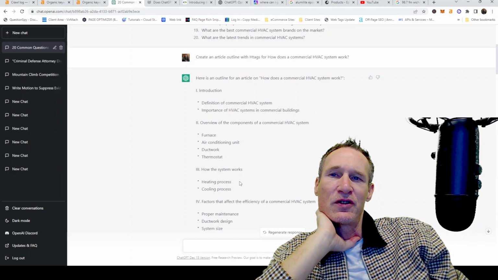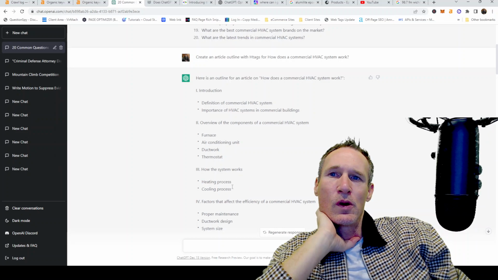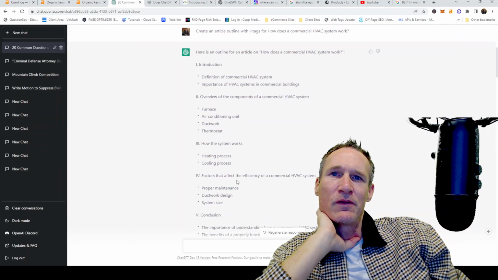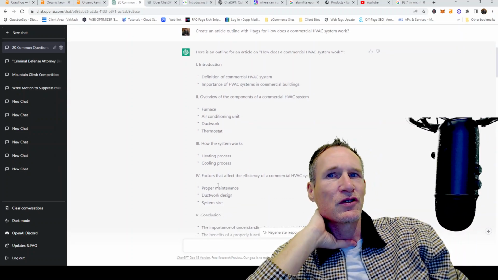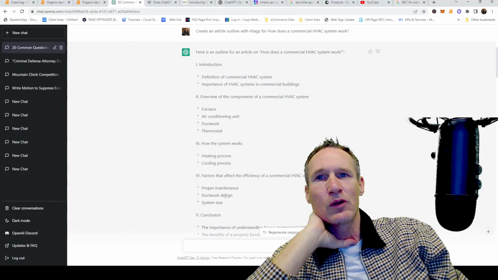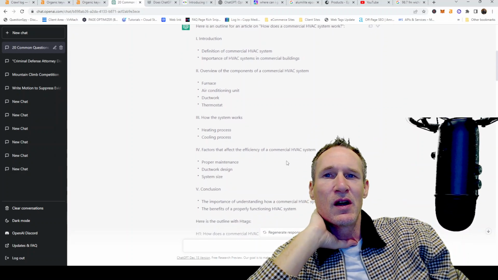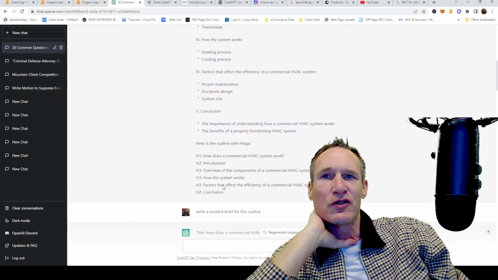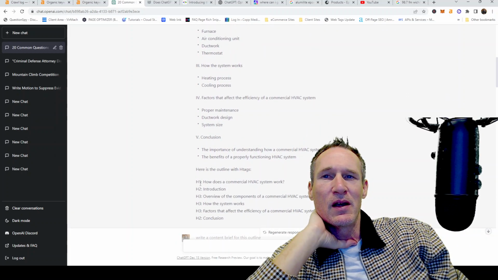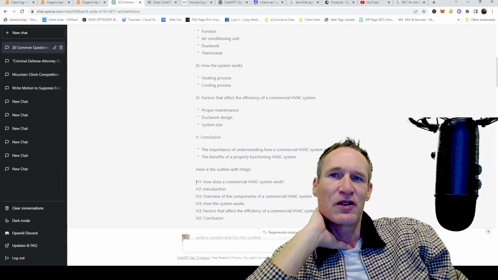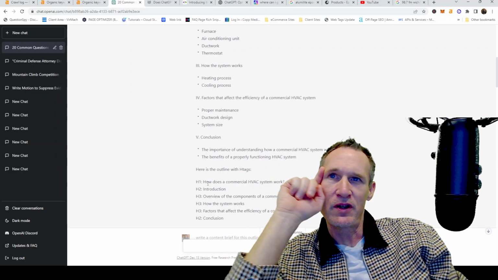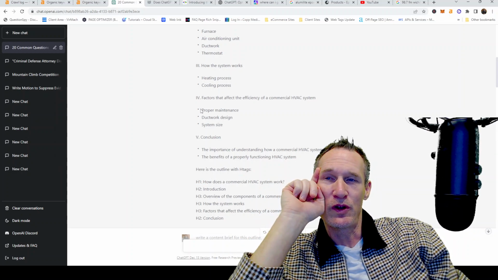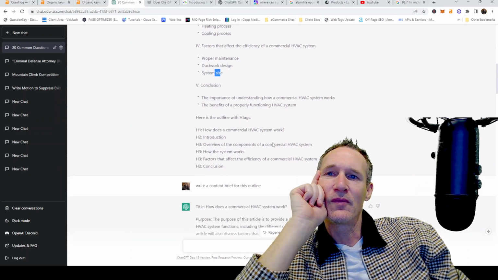The heating process and the cooling process. Four, factors that may affect efficiency of a commercial HVAC system: proper maintenance, ductwork design, system size, and then a conclusion. It also provided me with my main H tags. This goes into H1s, H2s, and H3s, but it didn't continue into the H4s, which I would end up making. So it did that.